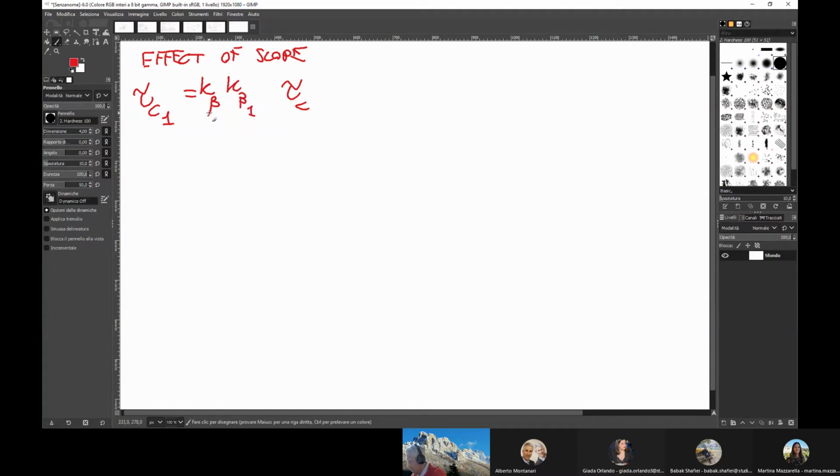Now k beta is a correction factor, the correction factor for the longitudinal direction.